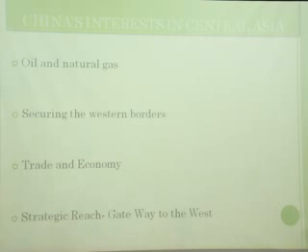China sees Central Asia not only as a bordering region, but also a region through which it can reach other regions like the Middle East, Afghanistan or Iran to facilitate its trade relationships. So in the case of trade and economy also, China sees Central Asia as key in this strategy.